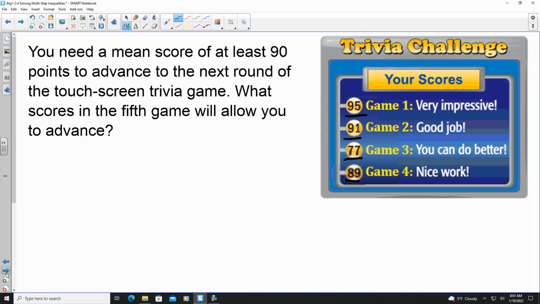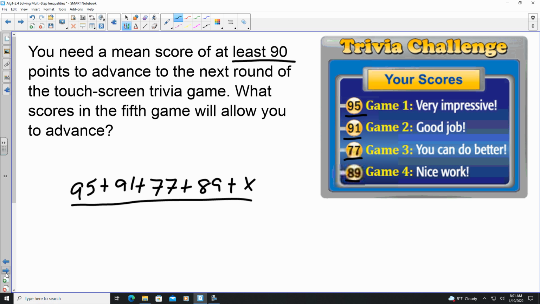So in order to find your mean, what you're doing is simply adding up the scores that you've received or potentially received. And this one, they give you a stipulation that you have to have at least 90 points in order to advance. So I'm going to take game 1, that's 95, and add it to 91, and then add game 3, which is 77, game 4, which is 89, and game 5 is x.